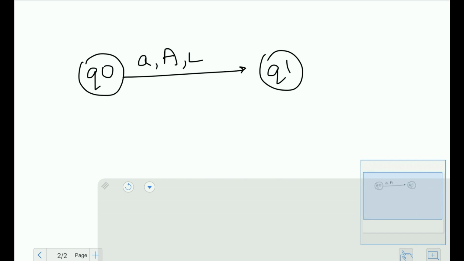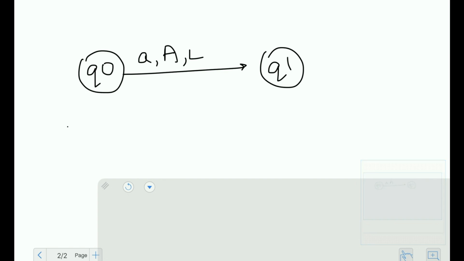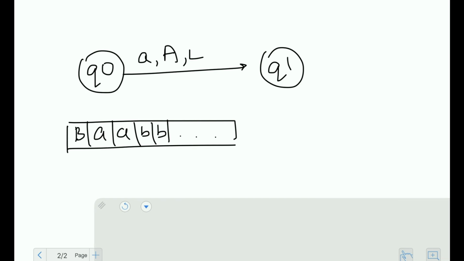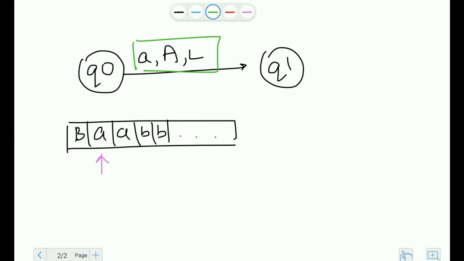What this is going to do is look at the tape. I have my tape right here. I have a B, I have an a, B, B, let's say something like this. Now if my cursor is, let's say, right here, what's going to happen as a result of this transition is the following. My new state is going to be, of course, Q1.